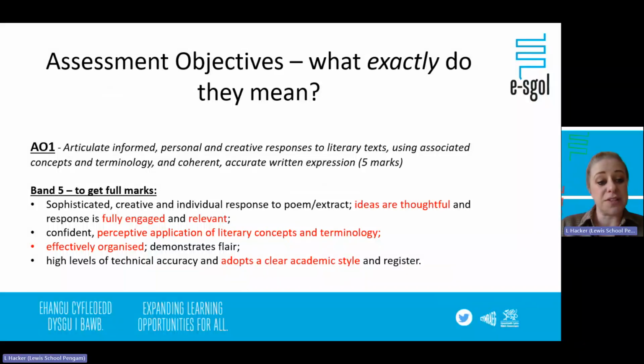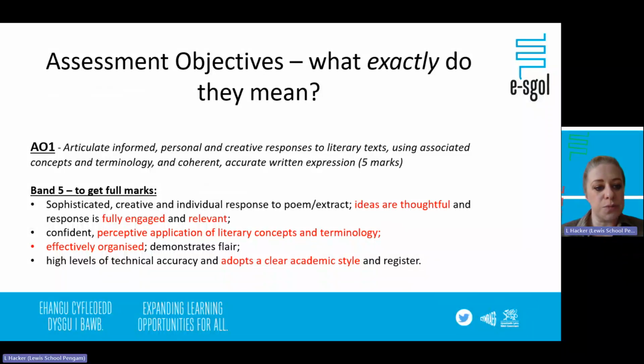A band 5 response also shows confident, perceptive application of literary concepts and terminology. So it's not enough to just plonk the terms in there and hope for the best. You need to really demonstrate that you understand what those terms are, what they mean, and how they apply to this particular poem or extract.